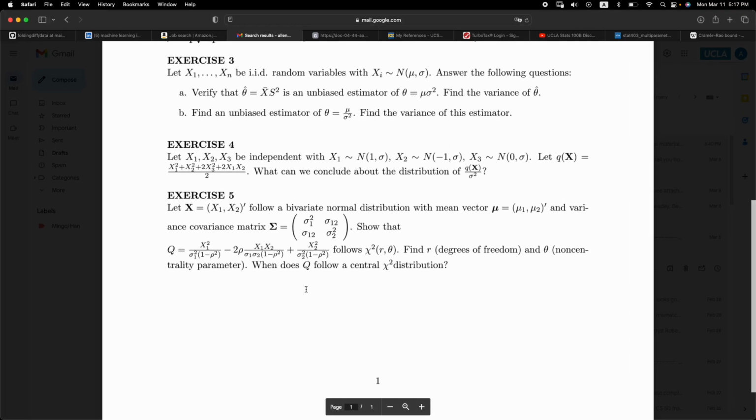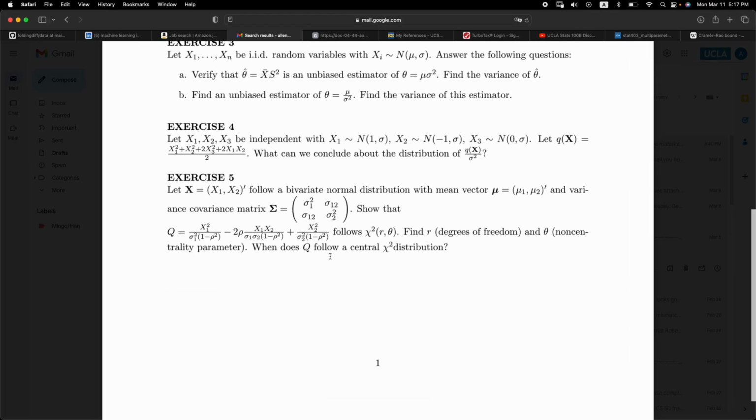Good. Any other question or comments? Okay, then for question 5. So again, bivariate normal, mean of mu1 and mu2, and then covariance matrix, and then we have a Q, and then we have a chi-square.